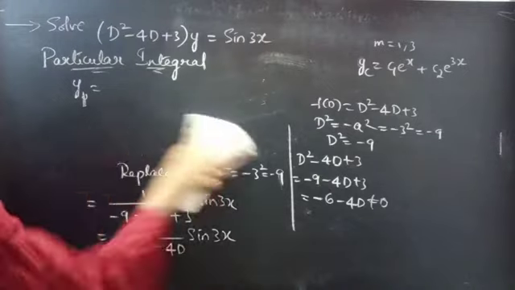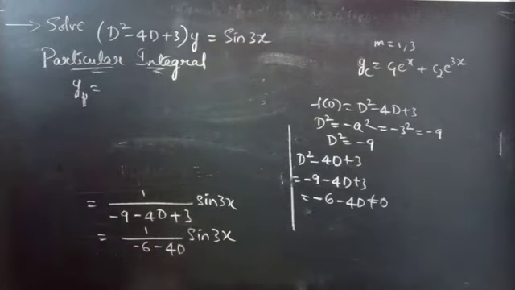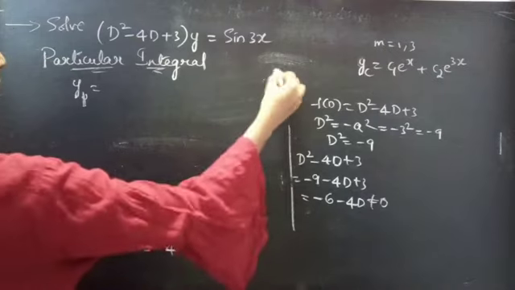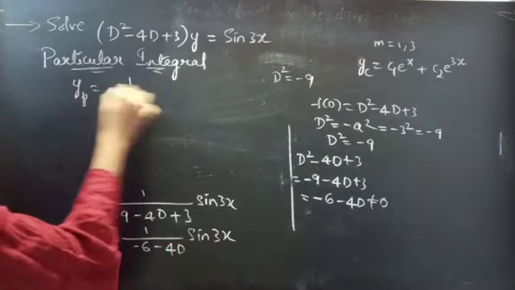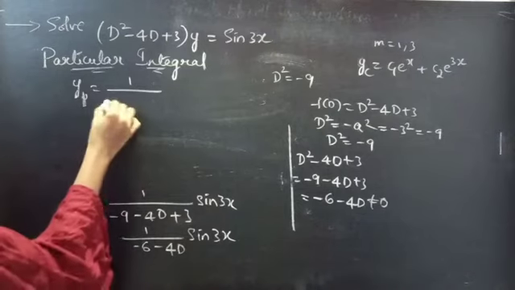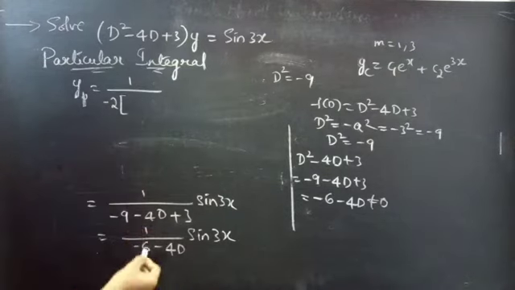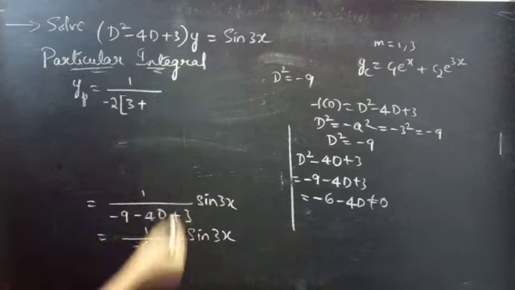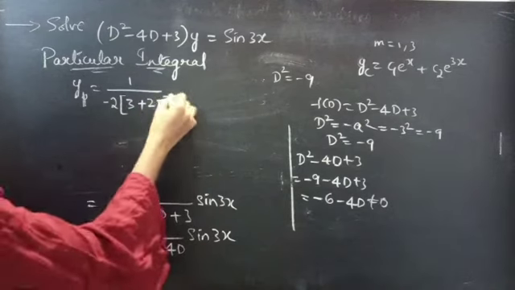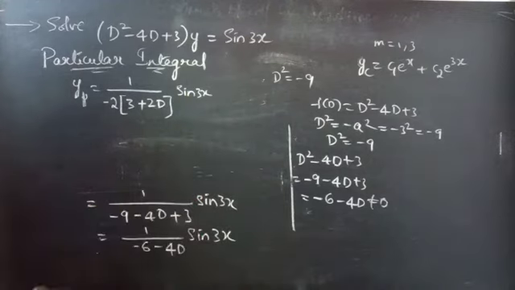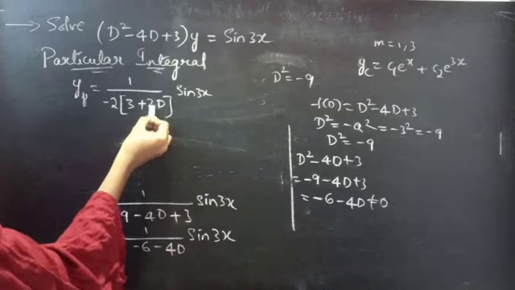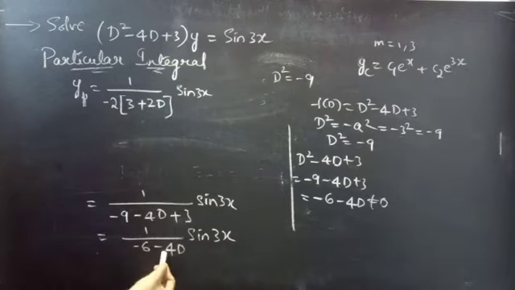Then we'll get 1 by minus 2 times 3 plus 2D into sine 3x, right? Minus 2 into 3 is minus 6, minus 2 into plus 2 is minus 4 into D, right?